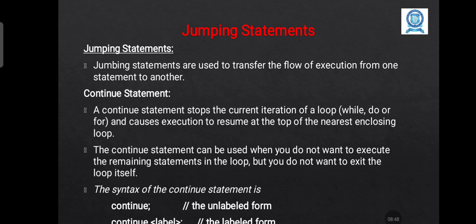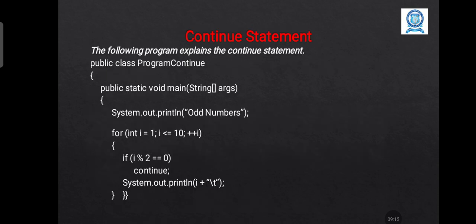Jumping statements. Jumping statements are used to transfer the flow of execution from one statement to another statement. Here we are having continue and break as the jumping statements. Actually these break and continue statements will be used within the while loop, do while loop or for loop. The continue statement will stop the current iteration of the loop.